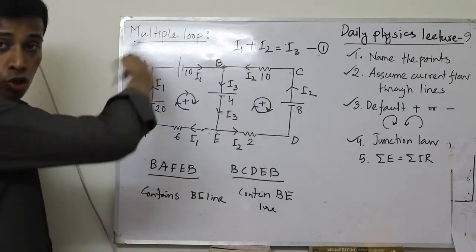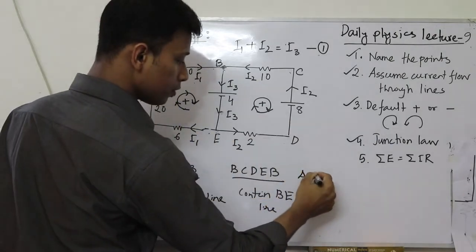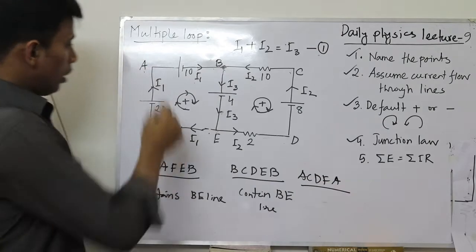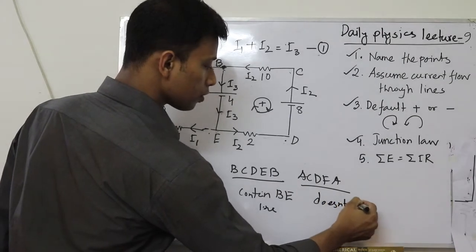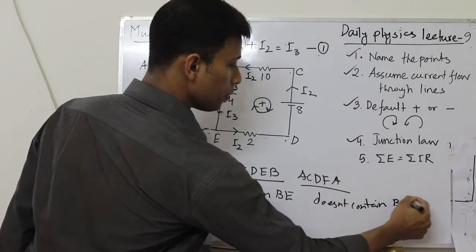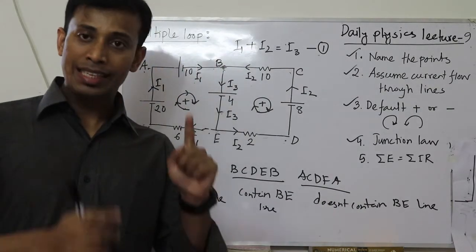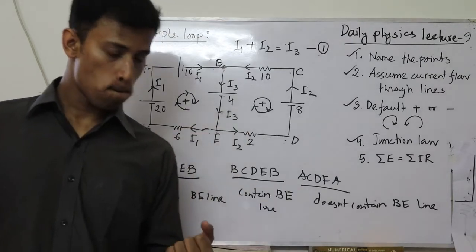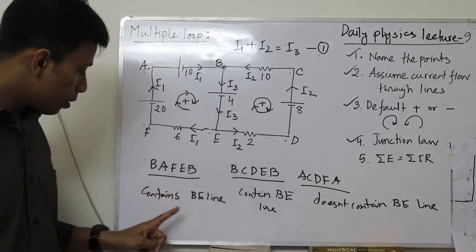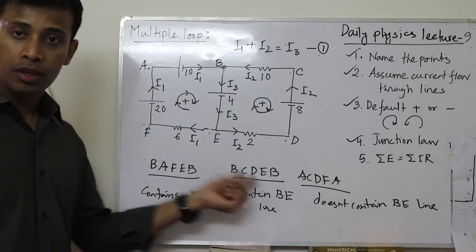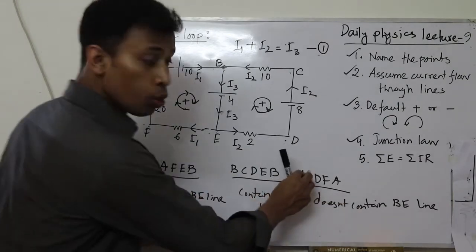But if we take the total loop, that means the large loop ACDAFA, it doesn't contain the BE line. As the BE line is a line which excludes resistance, we have to choose two loops which contain the BE line, and these are the two small loops. The large loop doesn't contain the BE line, so we will not use it.